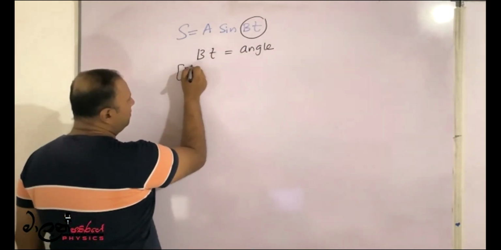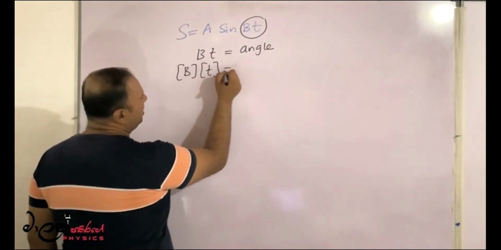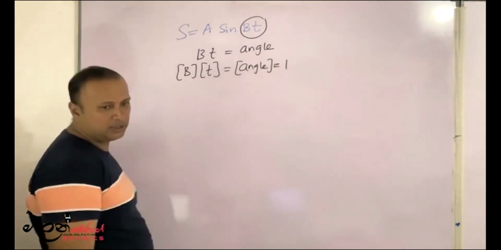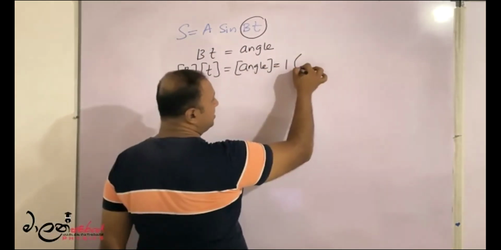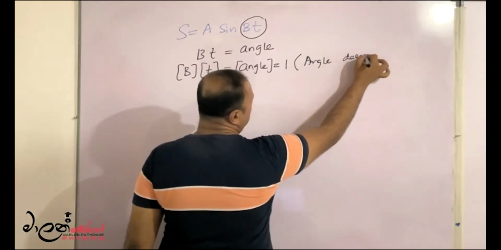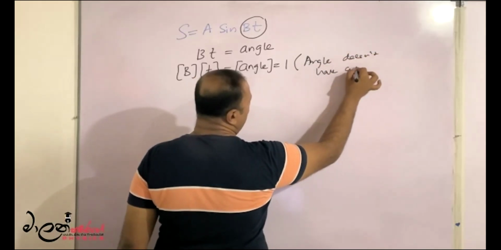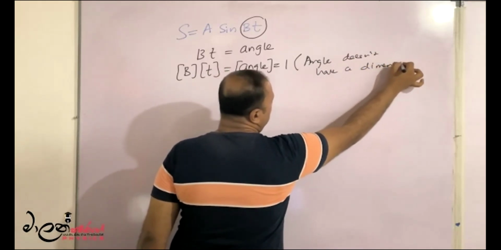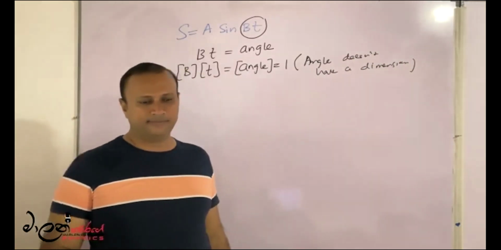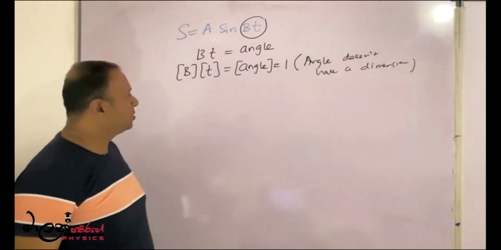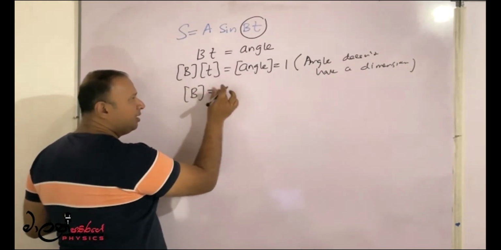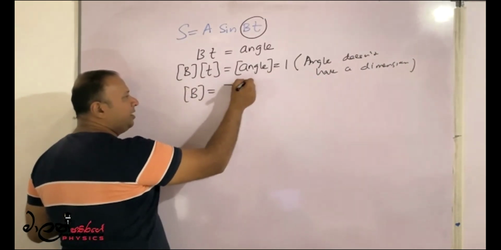Therefore, dimension of B into dimension of T is equal to dimension of angle, that is equal to 1. The reason is that an angle doesn't have a dimension. That is the argument. So using that argument, I can write the dimension of B is T minus 1.